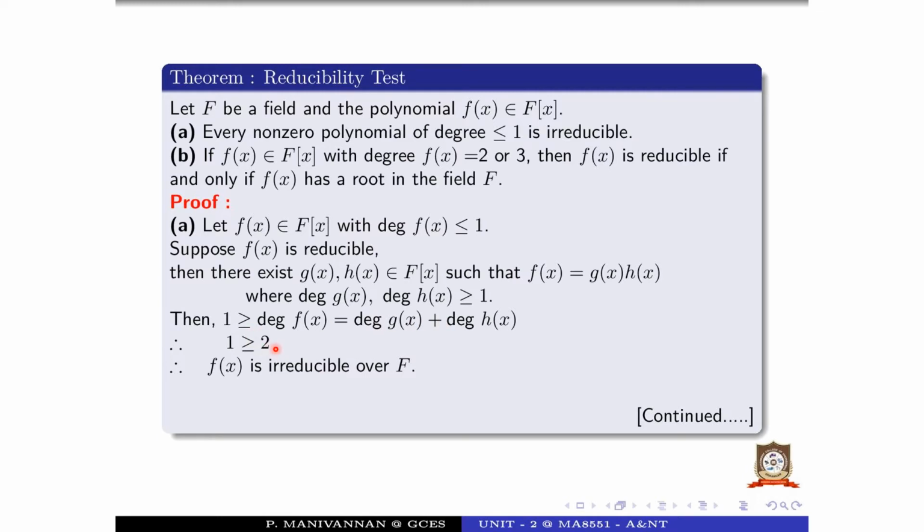So 1 is greater than or equal to 2, which is not possible. Therefore, f(x) is reducible is wrong. It is a contradiction. Therefore, f(x) is irreducible over F under the condition that the degree of f(x) is less than or equal to 1.